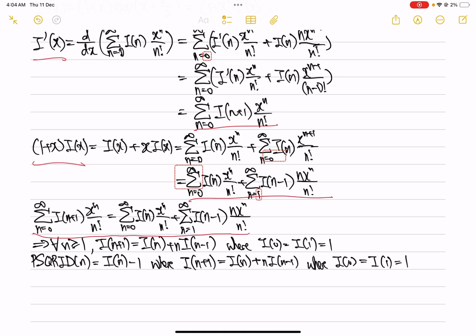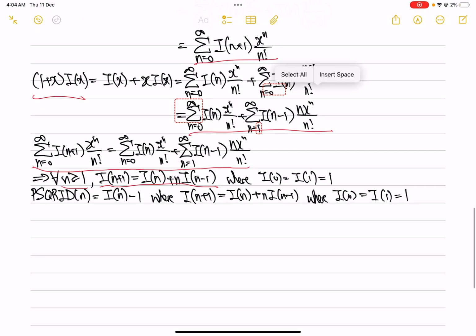Because of that, you can derive the recurrence relation for all n greater than or equal to 1. And because, again, we don't count the identity, you'd have P_sqrd(n) equal to I_n minus 1, where you'd have this recurrence relation and these base cases.